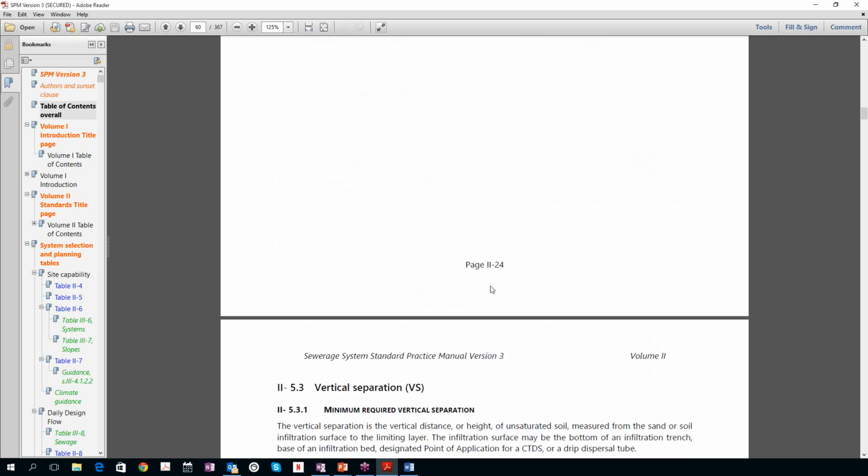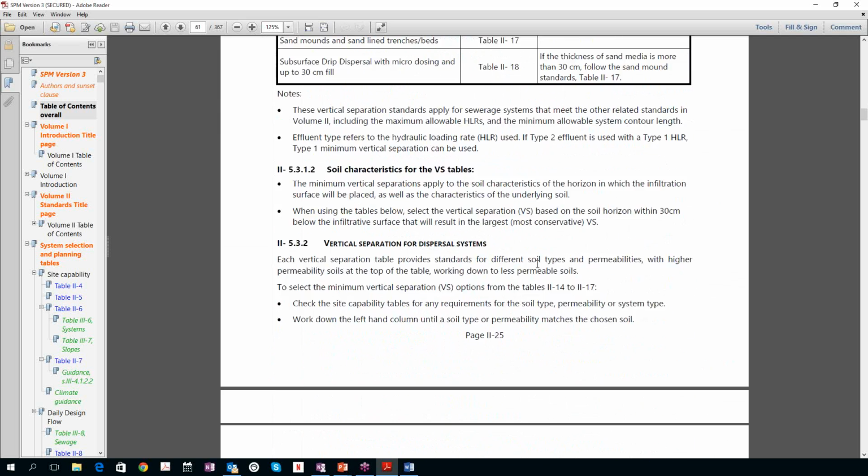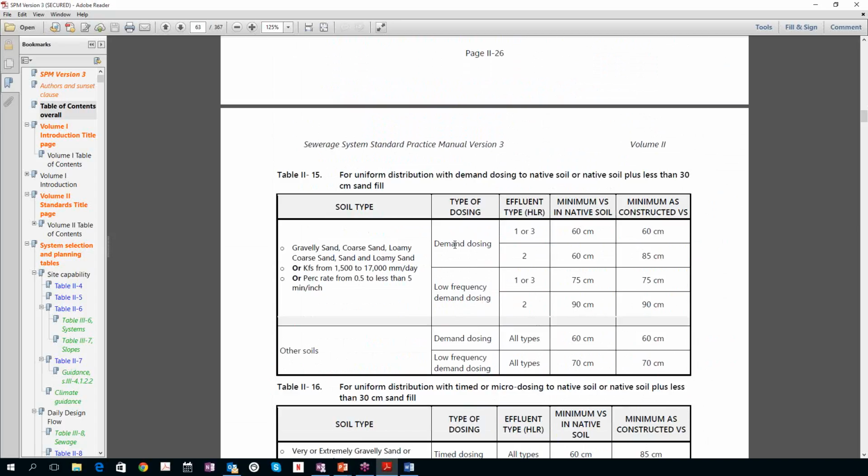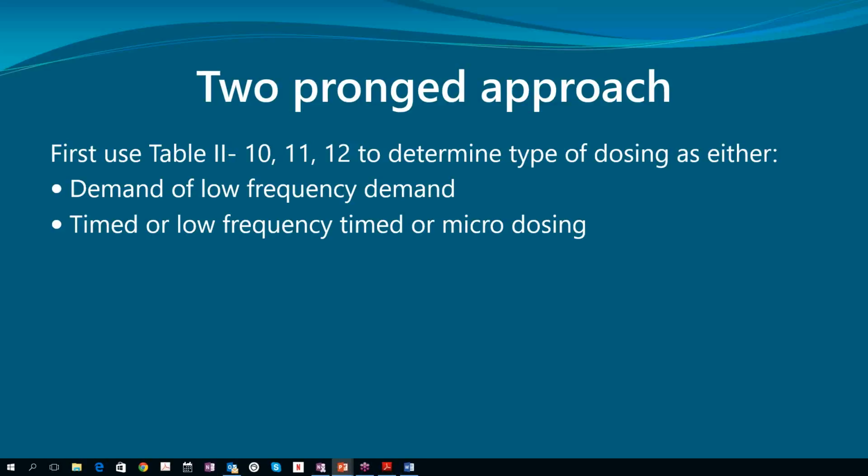Let's go and have a look. In the VS tables, except for the gravity one, there's different depths for demand as opposed to low frequency demand. Right? So more soil depth required if we're putting out more doses per day. And we'll do a few examples before we wrap up.